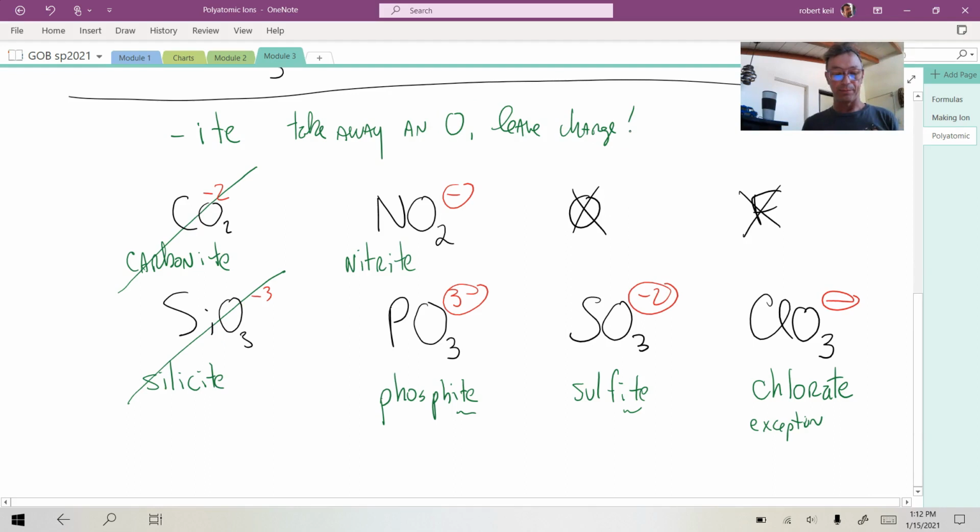Right? Now, some of these don't exist, like carbonite. They actually mention this in the book. The Han Solo, Star Wars, carbonite freezing. Doesn't exist in the real world. Silicite, there's no such thing. But these are the very common ones.